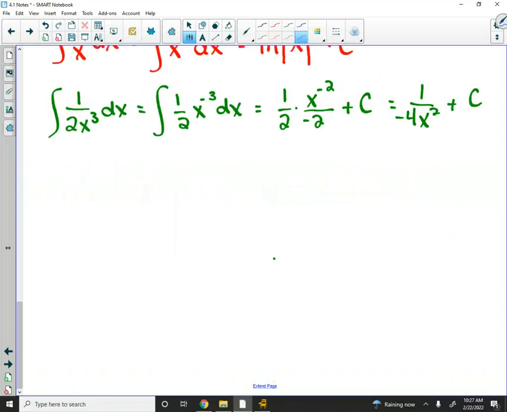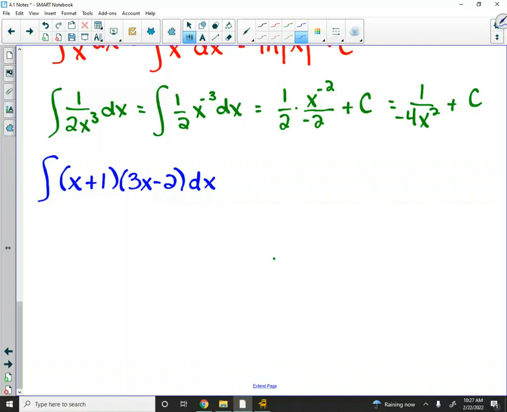All right, the next one to show you. All right, there's good news and bad news. Back when we were learning how to derive, we had some sections on product rule and quotient rule.